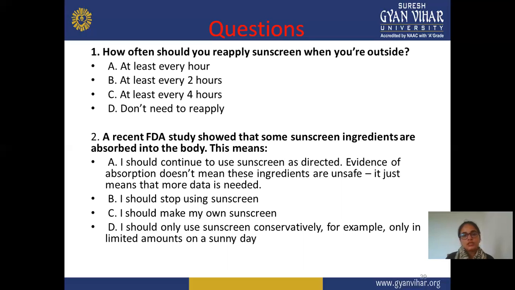A, I should continue to use sunscreen as directed. Evidence of absorption does not mean these ingredients are unsafe, it just means that more data is needed. B, I should stop using sunscreen. C, I should make my own sunscreen. And D, I should only use sunscreen conservatively, for example, only a little amount on sunny days.